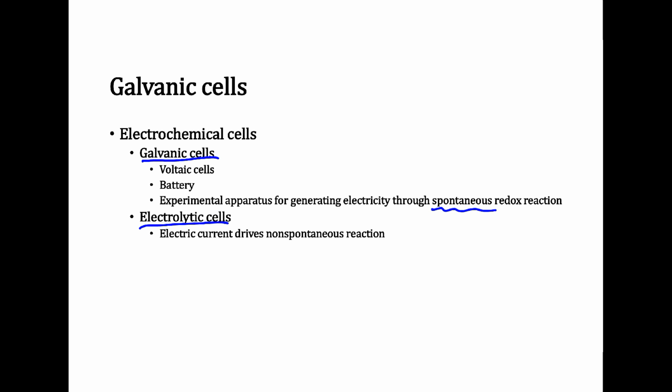That means that delta G, so Gibbs free energy, is in fact a negative value, whereas an electrolytic cell is looking at a non-spontaneous reaction, which means that delta G is equal to some positive value. And we'll talk about these in more detail later.